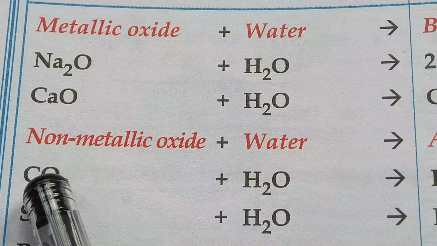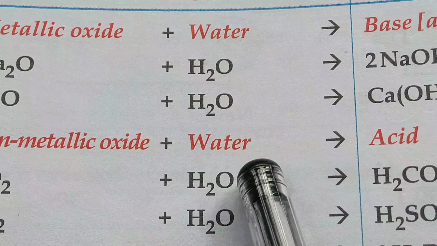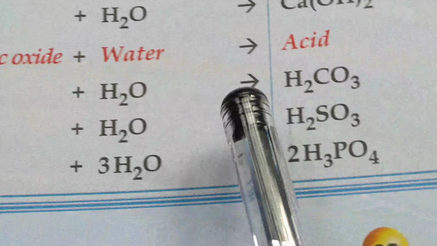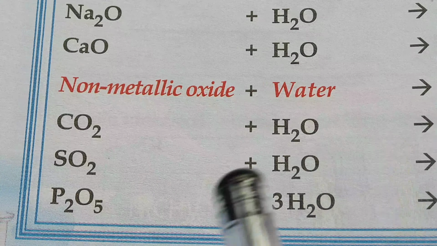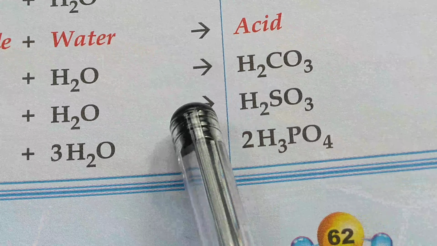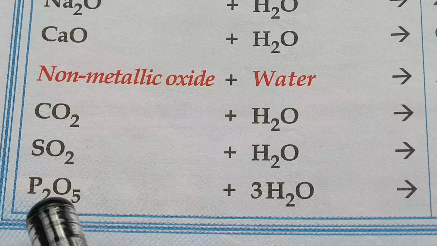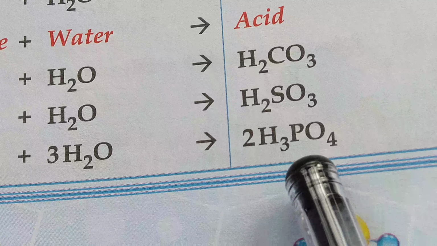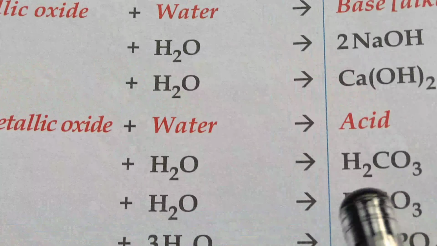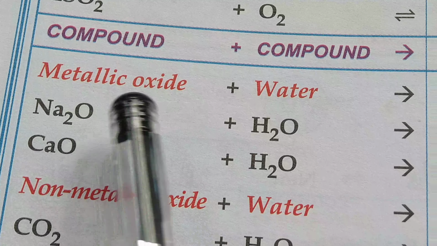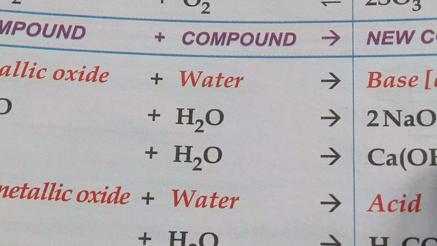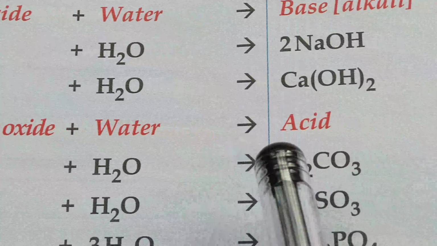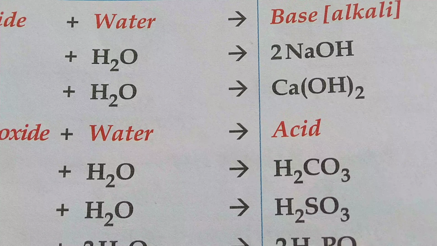Same way, when a non-metallic oxide combines with water, it produces acids. Like carbon dioxide plus H2O produces carbonic acid. Sulfur dioxide plus H2O produces sulfurous acid. Phosphorus pentoxide plus H2O produces phosphoric acid. So just mind it: metallic oxide combined with water produces a base, whereas non-metallic oxide combined with water produces acids.